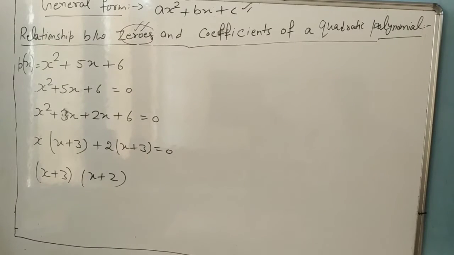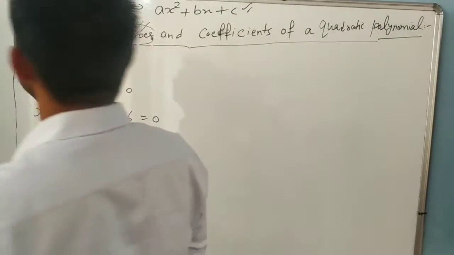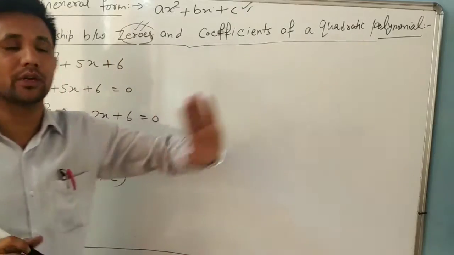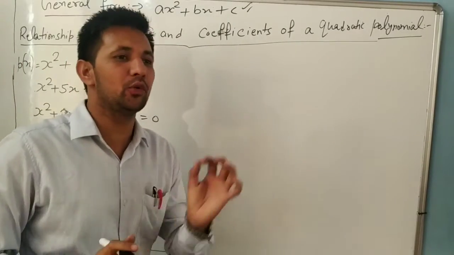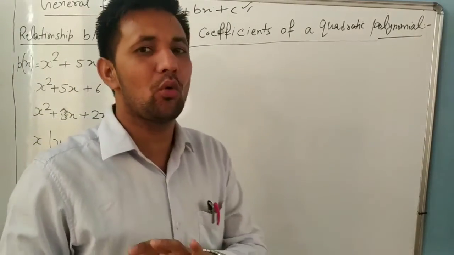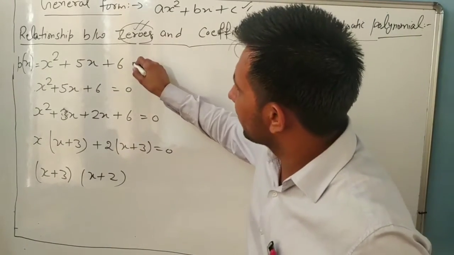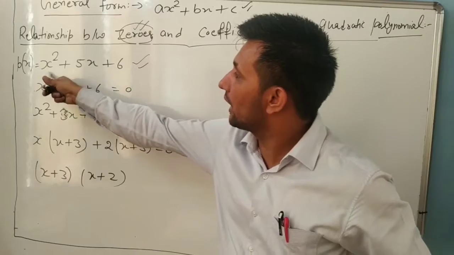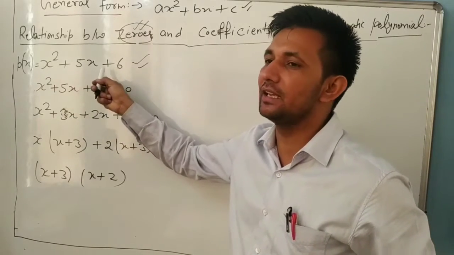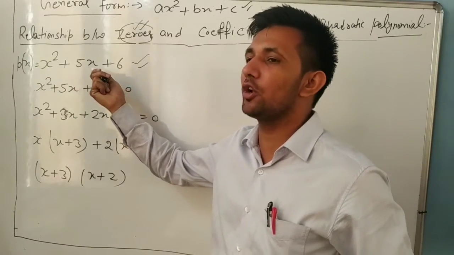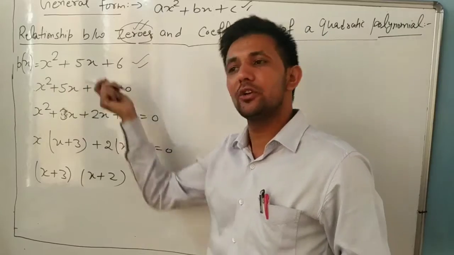Now dear, look at how we find the zeros of a quadratic polynomial. Look at it, it is very important. Okay, if you understand only one example, all questions of 2.2 you can do yourself. Look at it, is it a quadratic polynomial or not? X square plus 5x plus 6. It is a quadratic polynomial because its degree is 2.